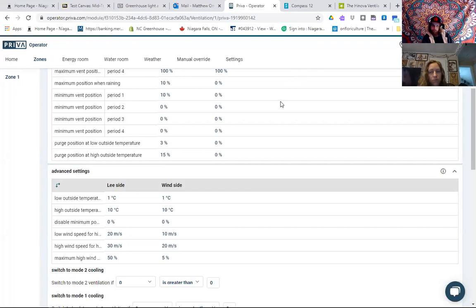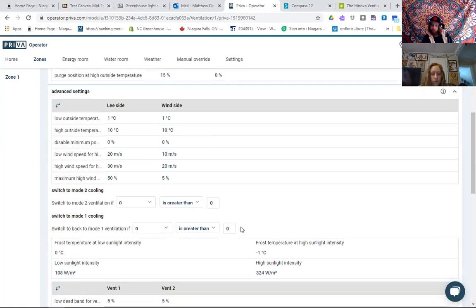Wind is going to swirl at the bottom of the escarpment here. But if we get sustained winds of 50 meters per second and it switches, it's usually going to stick around for a little while, so it doesn't immediately switch back and forth. It's going to take a little bit of time, and that can be set in the configuration of the vents.